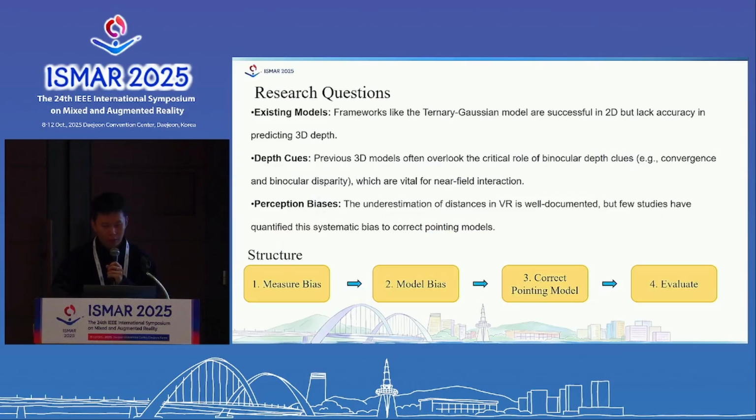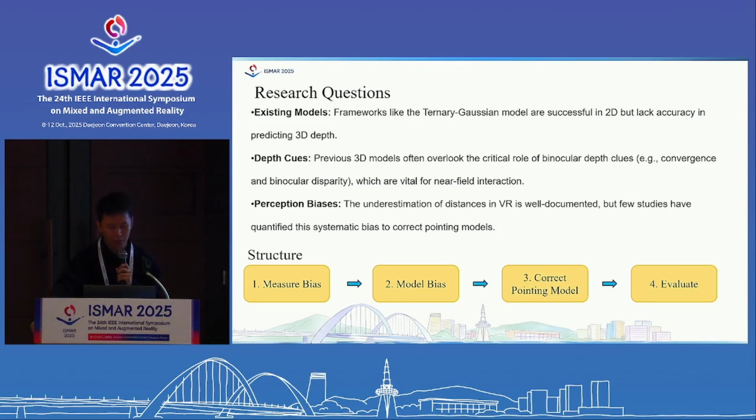So our main goal is to build a 3D pointing model that corrects for those depth perception biases and stays accurate over a long range. Our research follows four clear steps: measure the bias, model the bias, correct the pointing model, and finally evaluate.